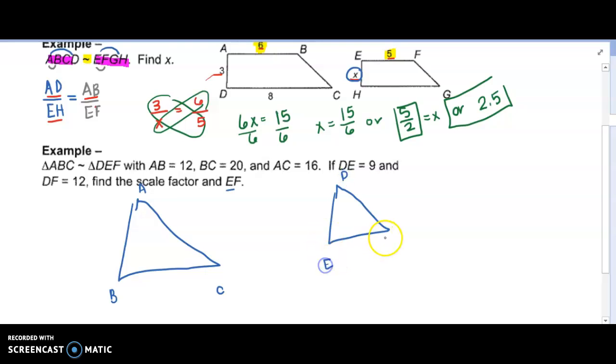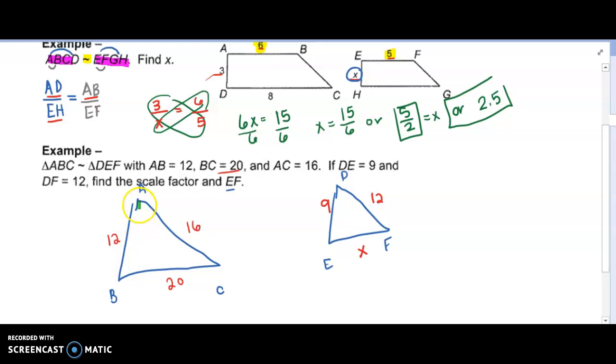And it does not have to be to scale, I'm just trying to give myself a visual here. So AB is 12, BC is 20, and AC is 16, and then DE is 9, and DF is 12. I got all this from these words up here. Find the scale factor and EF, which I'm just going to call x.